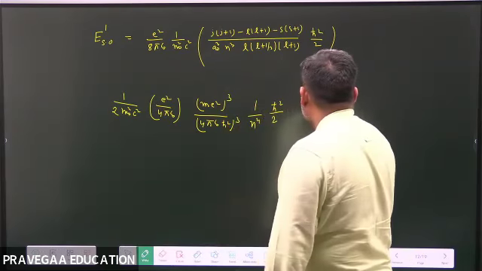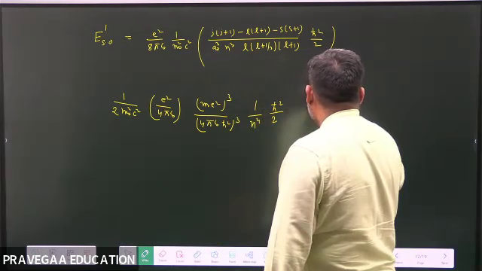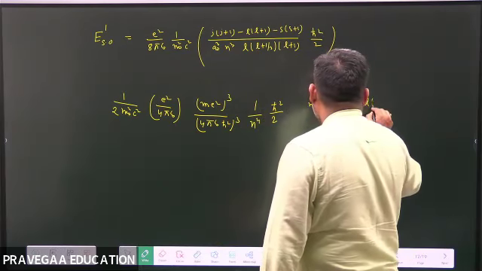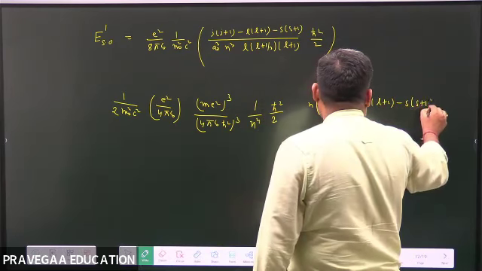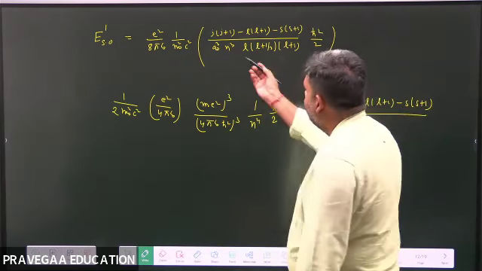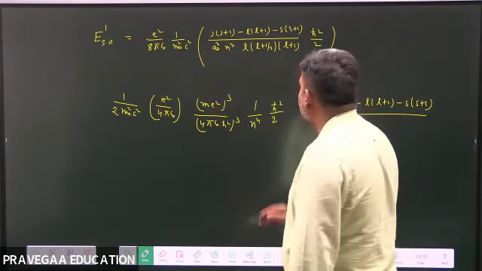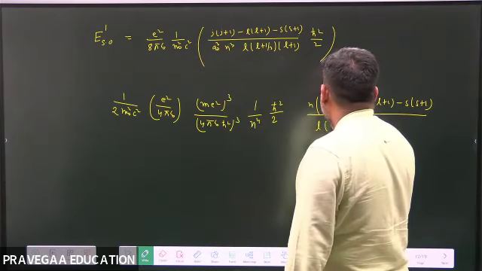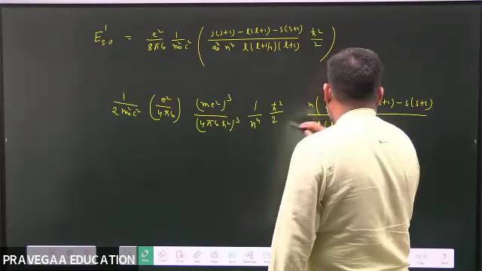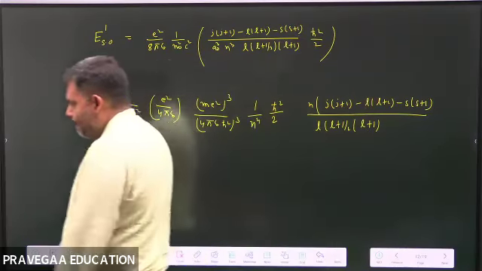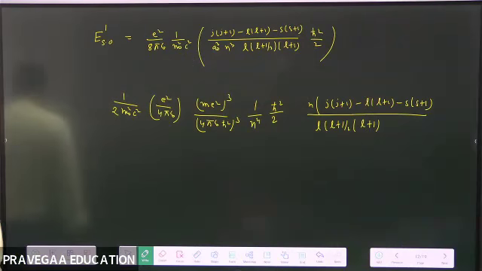So that value is equal to n j into j plus 1 minus l into l plus 1 minus s into s plus 1 by n cube I have taken, a naught cube I have taken. Here is l plus half, l plus 1. Okay?